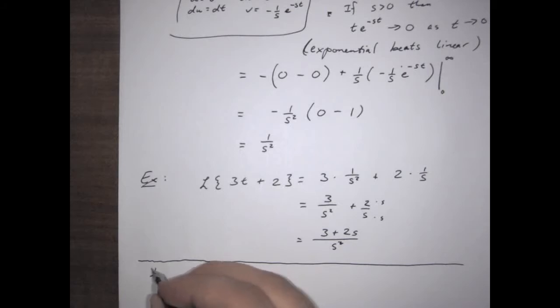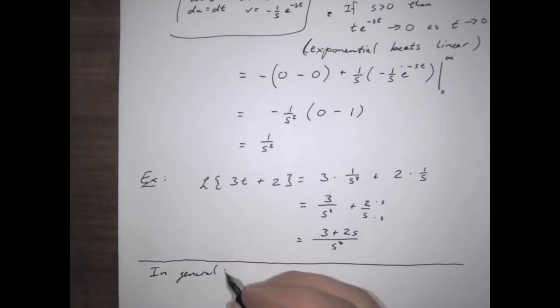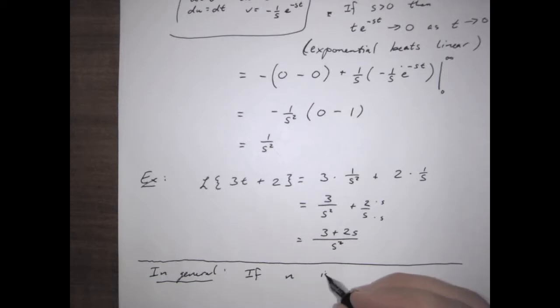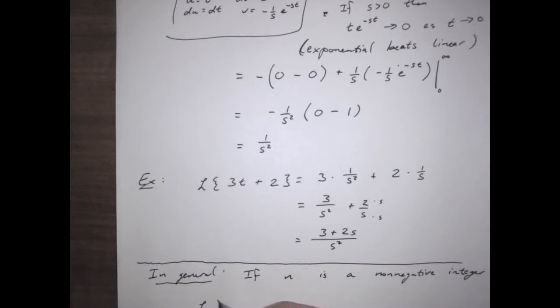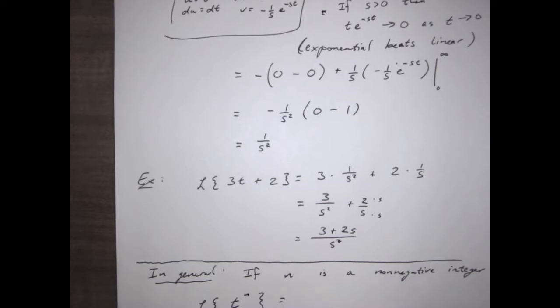So in general, or in almost general, if n is a non-negative integer, then the Laplace transform of t to the n is going to equal n factorial over s to the n plus 1.